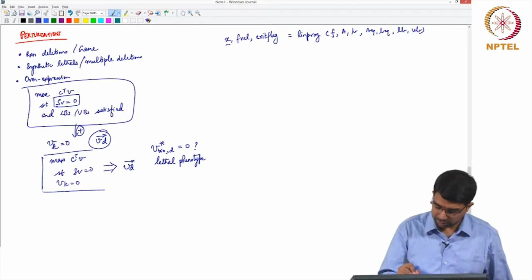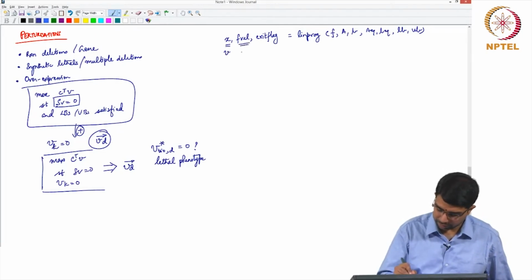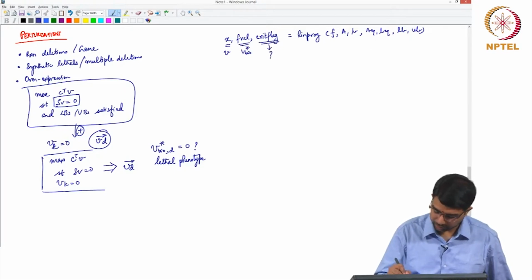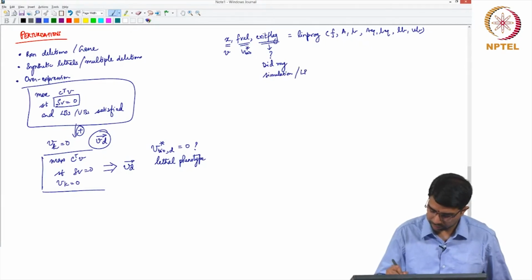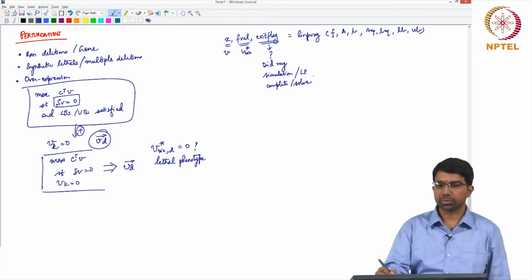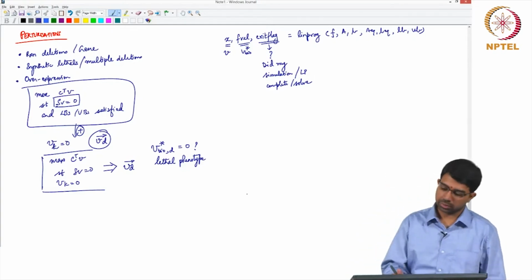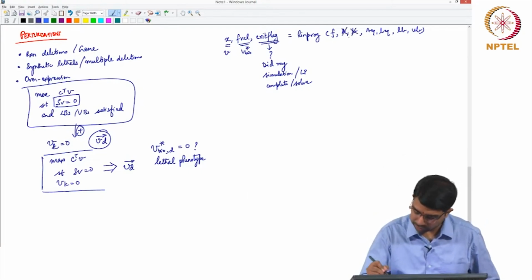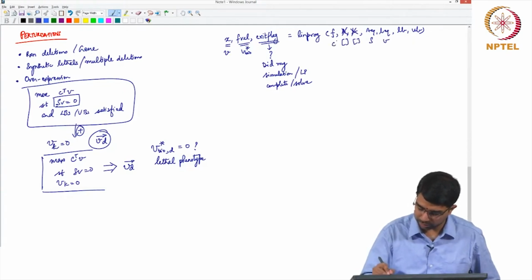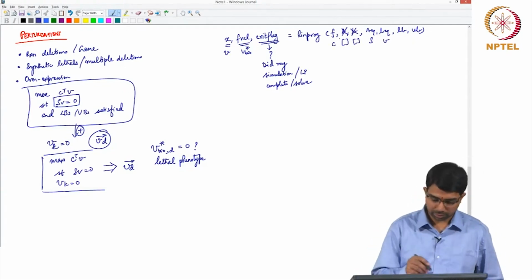So, this is nothing but your V, and this is your exit flag: did my simulation or LP complete or solve? This of course does not exist for us, basically use blanks, this is S, this is V, this is LB, UB and this is C.